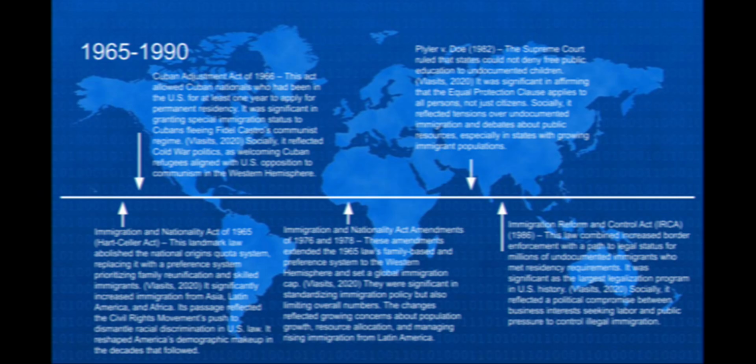We are nearing the end, so this one is 1965 to 1990. And I chose Plyler versus Doe, 1982. The Supreme Court ruled that states could not deny free public education to undocumented children. I chose it for the obvious reason.